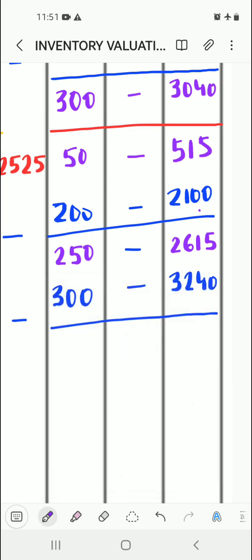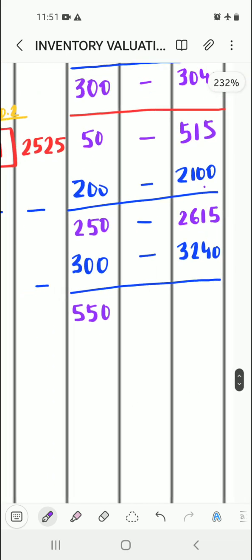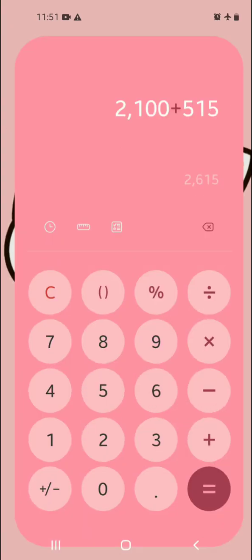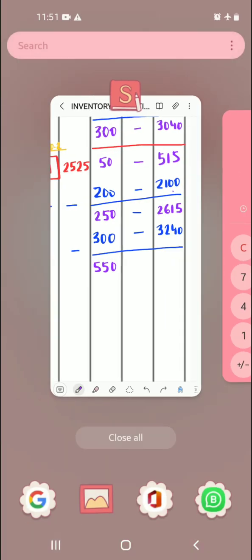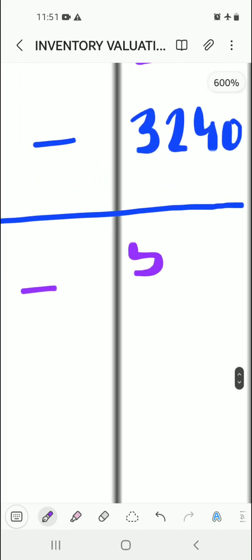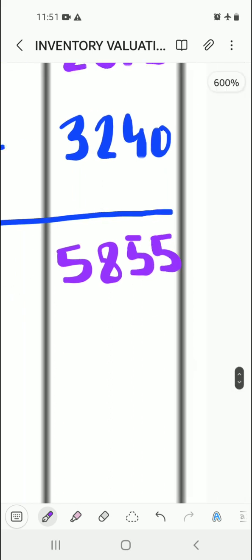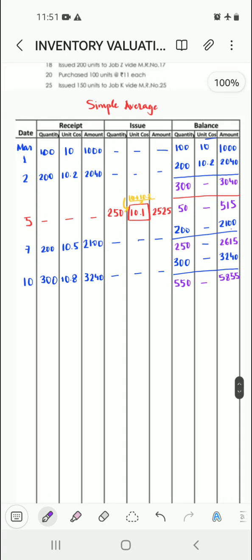So we're going to write 550 over here, and the total amount will be 2615 plus 3240. So it is 2615 plus 3240, that is 5855. So we're going to write it here, 5855. So this is what we have as of March 10.